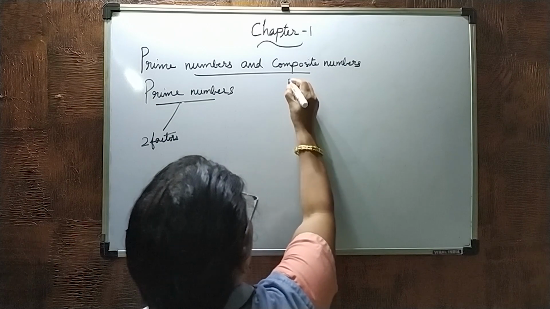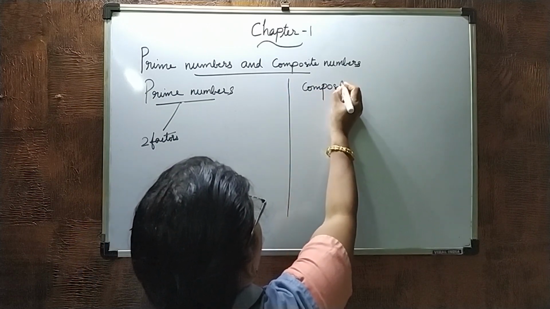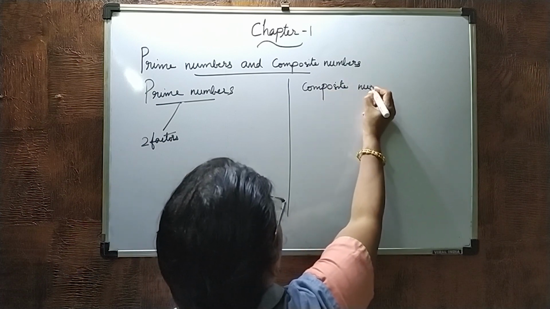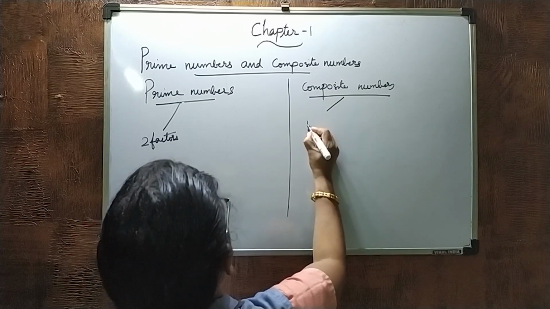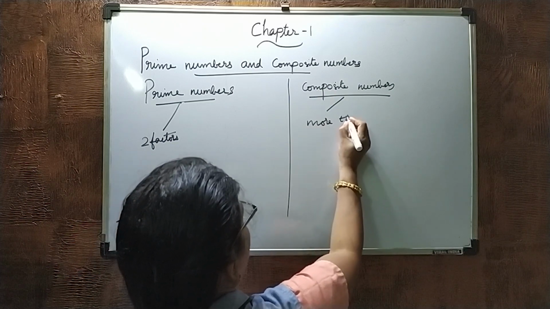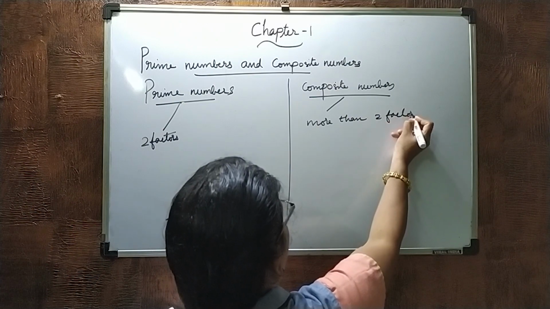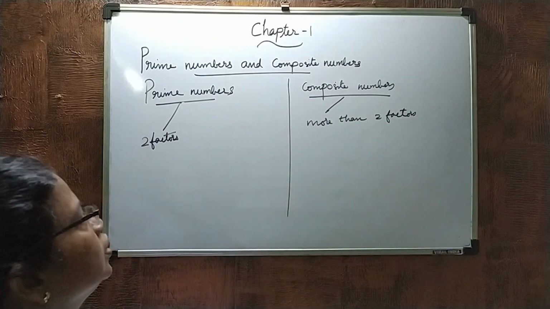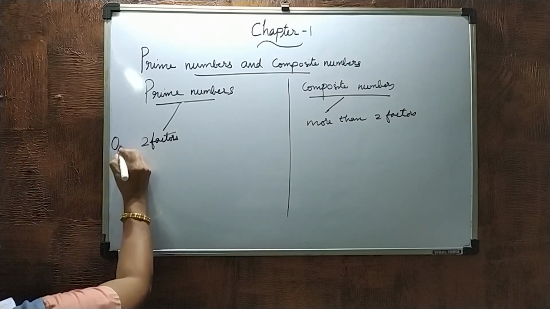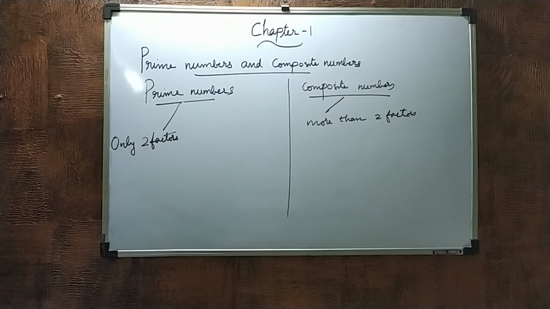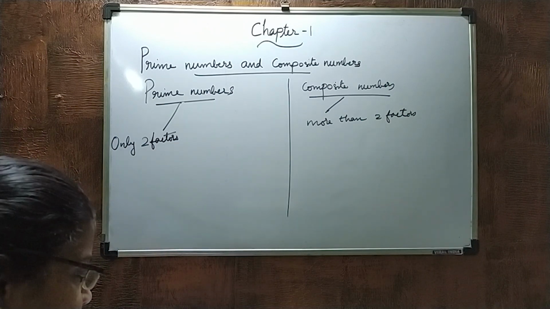It has more than two factors. So, prime numbers have only two factors, and composite numbers have more than two factors.